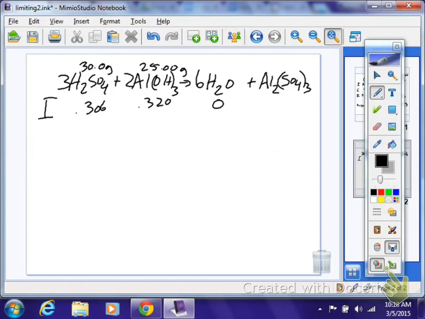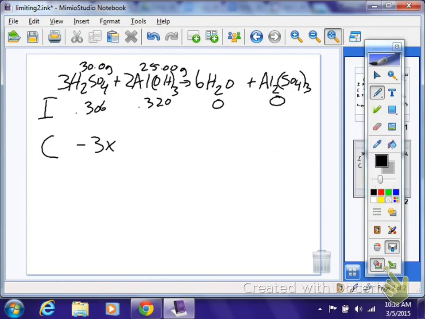Then we start out with 0 moles of product. Alright? That's always going to be the case on these. The change is how much has to be subtracted from those initial moles. So I look up my balanced equation, and I have a 3 in front of H2SO4. So what's different from the previous problem is that this is minus 3x.